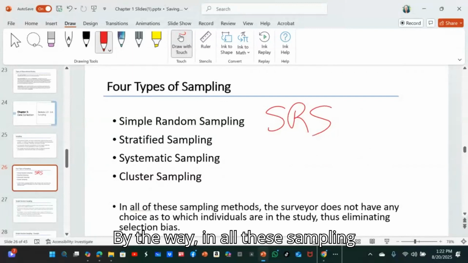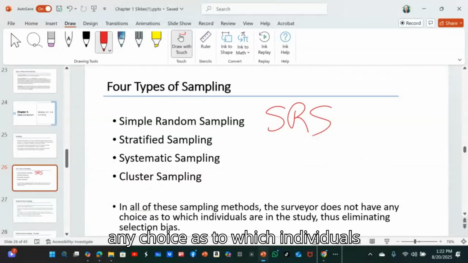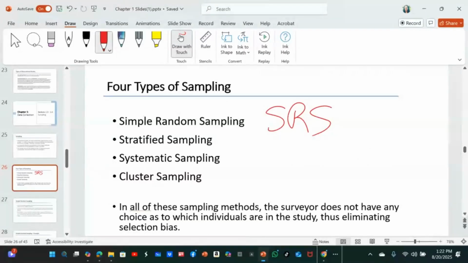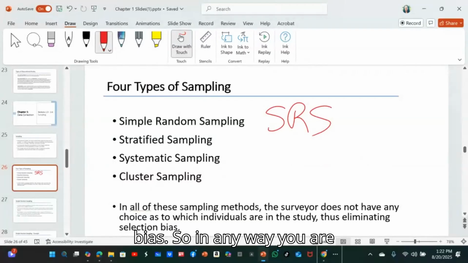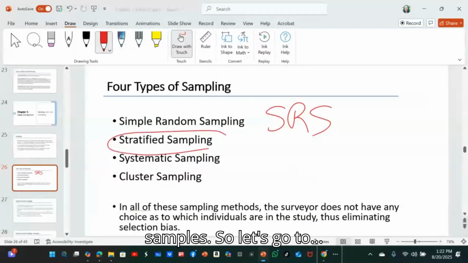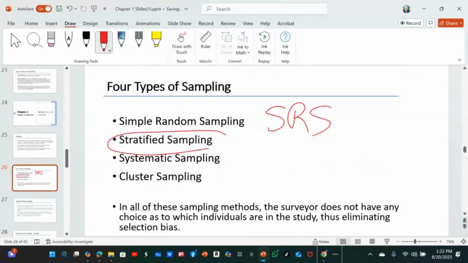By the way, in all these sampling methods, the surveyor does not have any choice as to which individuals are in the study, thus eliminating the bias. So in any way you are trying to get a sample, make sure you are not biased.